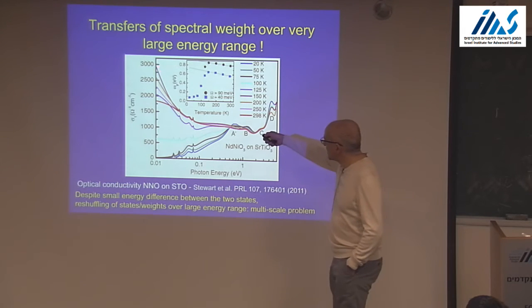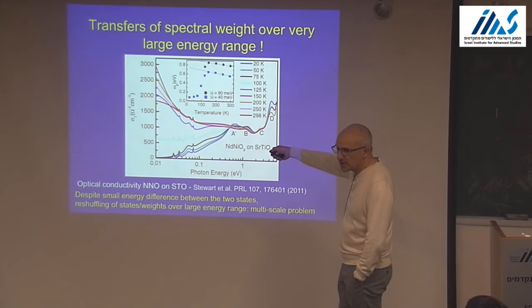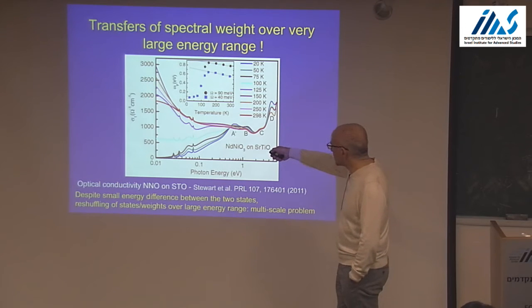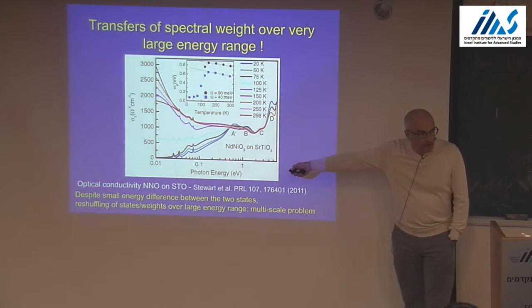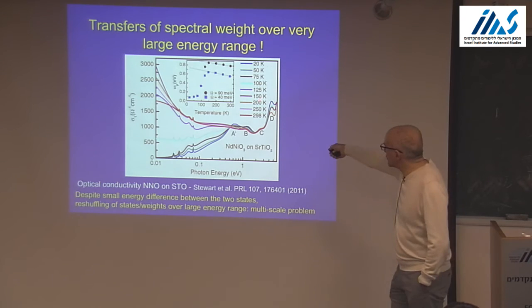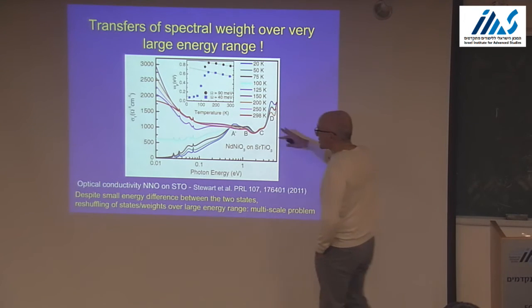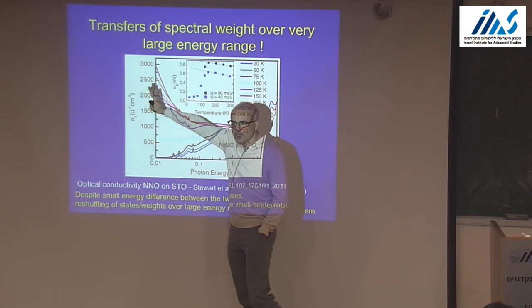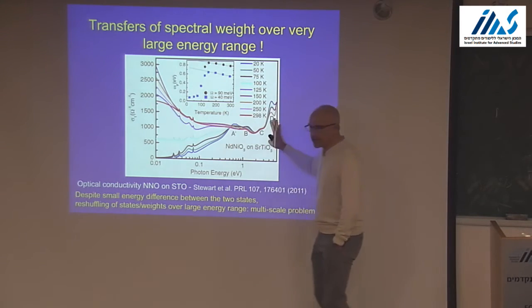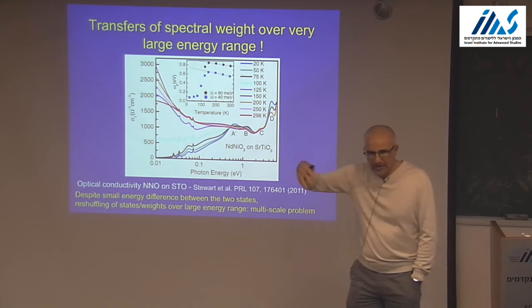As you heat up the system, there is a very rapid drop in the Drude peak and a corresponding transfer of spectral weight to very high energy, up to 1 eV, which is an energy scale that has nothing to do with the range over which you vary temperature, which is 2 orders of magnitude smaller. So you have these huge transfers of spectral weight between low energy things that perhaps can be described in terms of quasi-particles and high energy things reaching up to the scale of the bandwidth or Hubbard U.